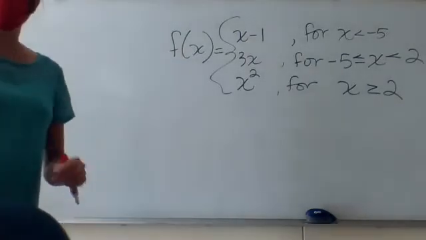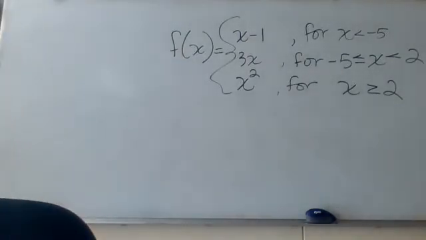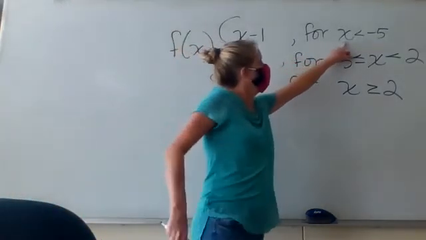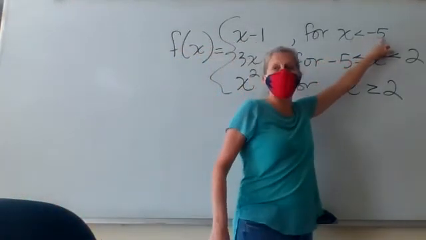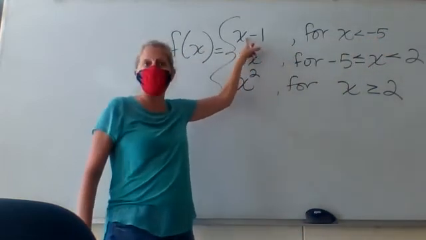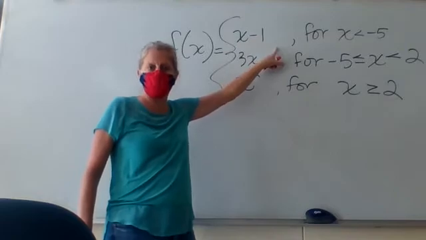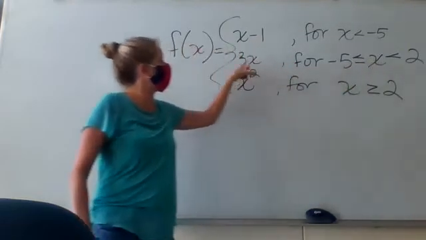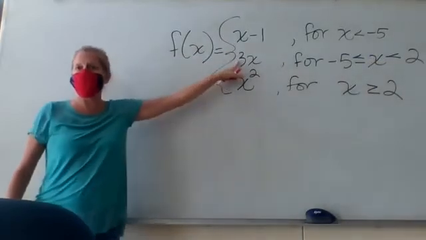So I've got 3 different pieces. If x is less than negative 5, it's a part of this piece of the graph, where f of x is x minus 1. If x is between negative 5 and 2, it's part of the 3x piece of the graph.